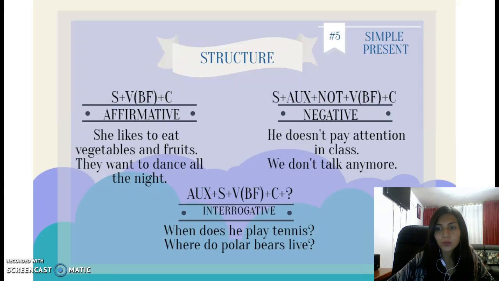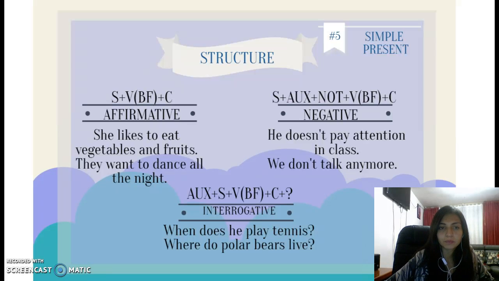I know that we use the simple present to talk about something that is generally true or to talk about routines, but we can use it to talk about the future. The structure, as you know, in the affirmative way is the subject plus the verb in basic form plus the complement.